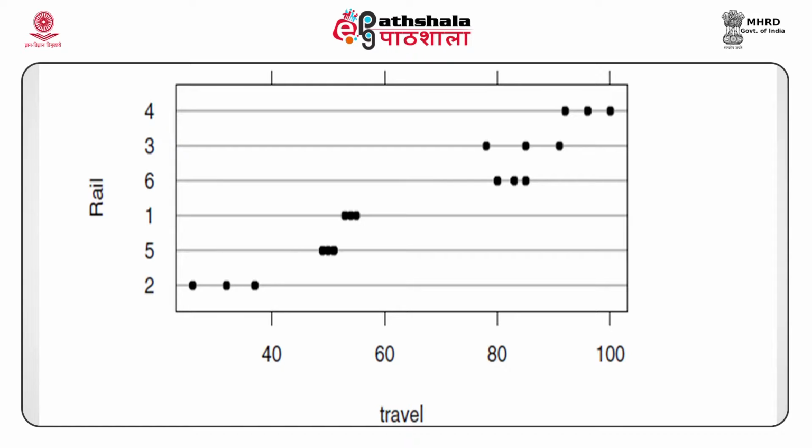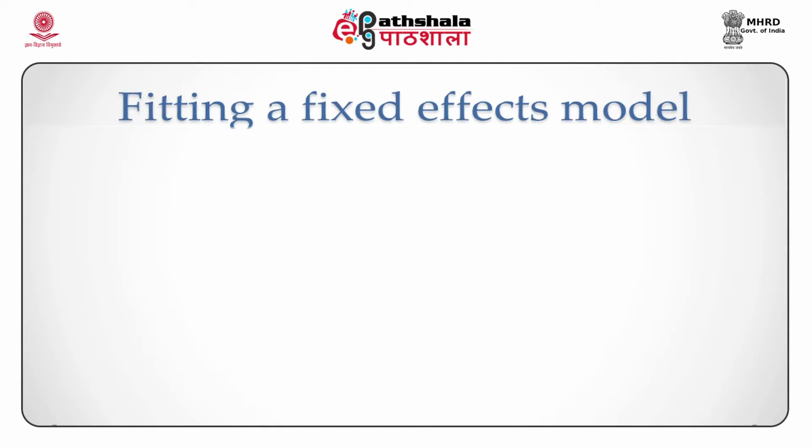So to begin to model this data, let us begin with the simplest situation where we completely ignore the subject-specific effect and fit the model Yij equal to beta plus epsilon ij. So i is equal to 1 to n, the number of rails, and j is equal to 1 to ni, which is the number of observations for each rail.